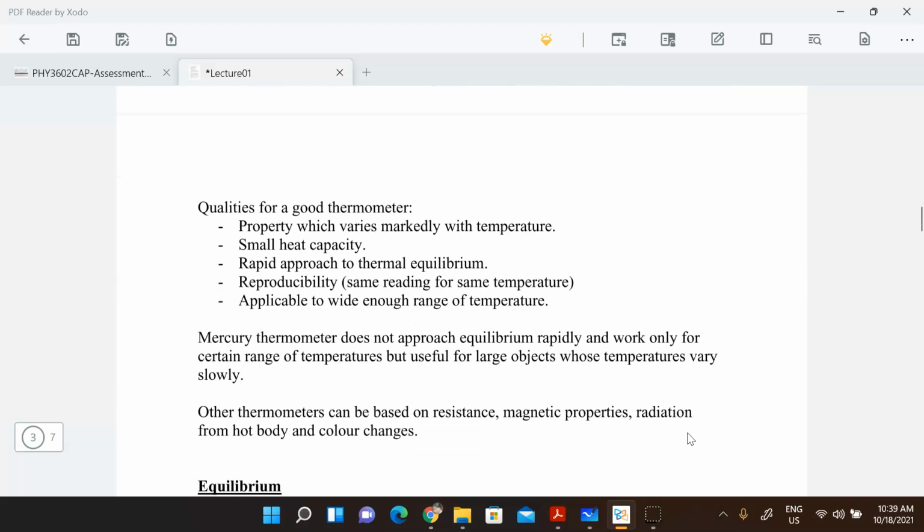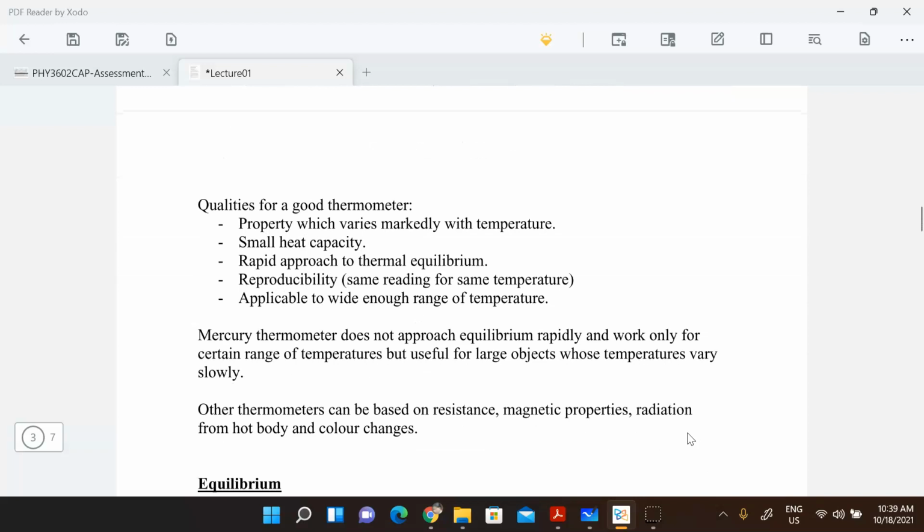What are the qualities of a good thermometer? First of all, whatever property it measures has to change significantly with the temperature. In this particular case, if you think of the mercury thermometer, as you go to a hotter environment, the temperature goes up, and you can see the column of mercury going up inside the tube.